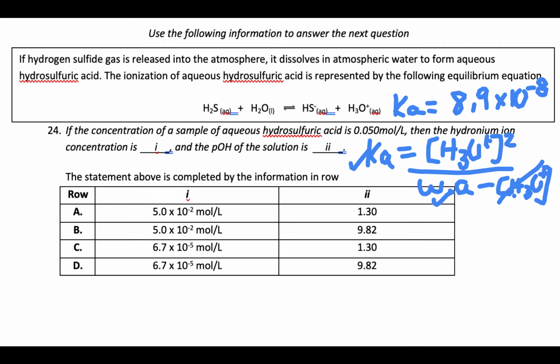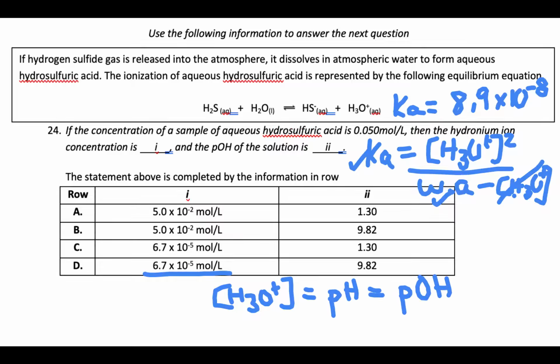So we're going to find the hydronium concentration. And when you do that, you'll see the answer is 6.7 times 10 to the negative 5. Having the hydronium ion allows you to solve for pH, and then taking it away from 14 allows you to find pOH. And so looking at these two and then following these steps, your answer is D.